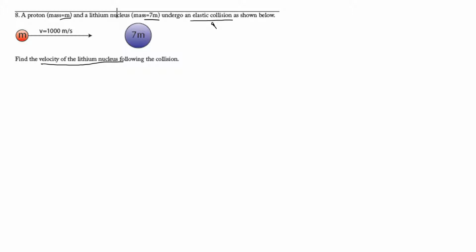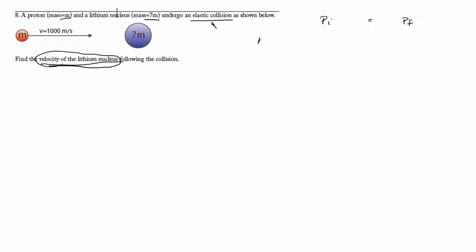Well, I think the first thing we ought to do is see what we can find as the ending velocity. We need to find the velocity of the lithium nucleus. So I'm just going to say that the initial momentum should equal the final momentum.